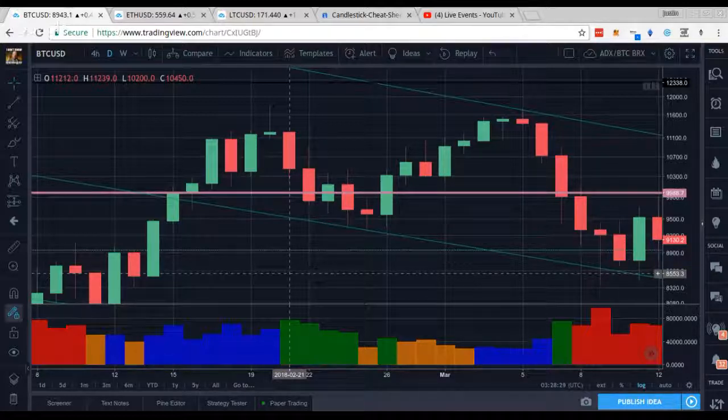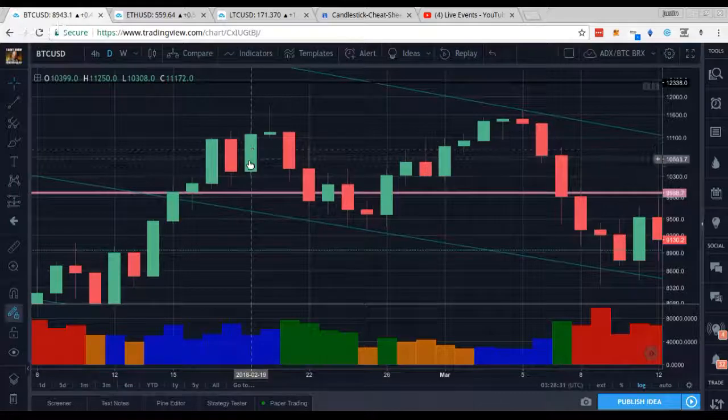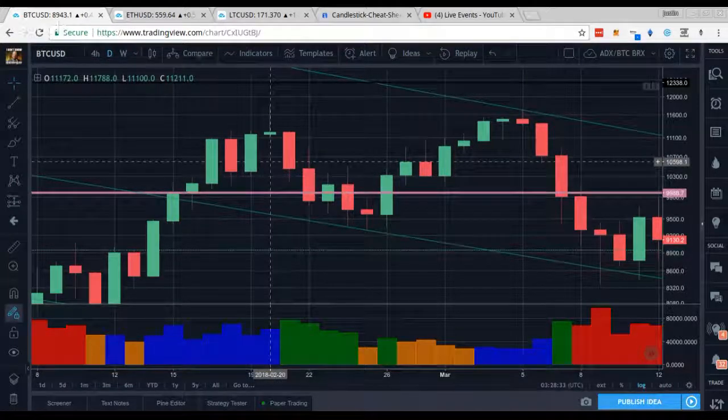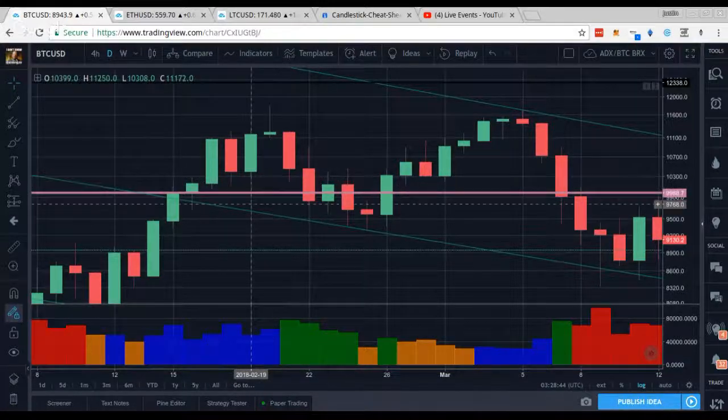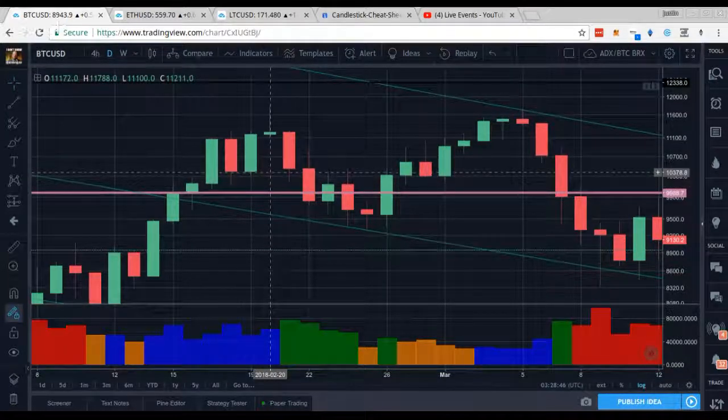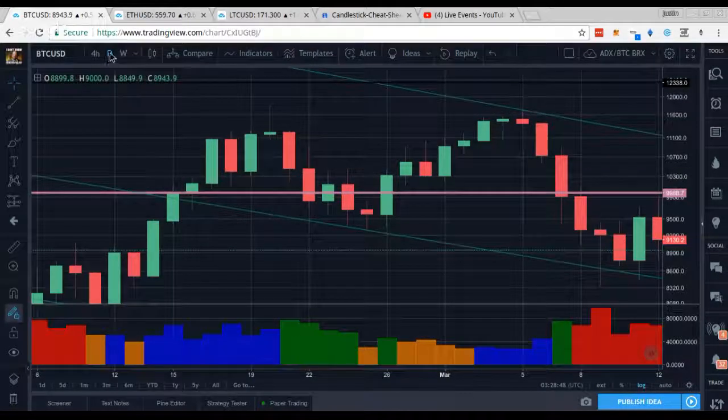So here we have a candlestick right here. We have this nice little green one, and it's fairly straightforward. All this candlestick really tells us is four vital pieces of information. It tells us at what price this candlestick opened, and we're looking at the daily chart.